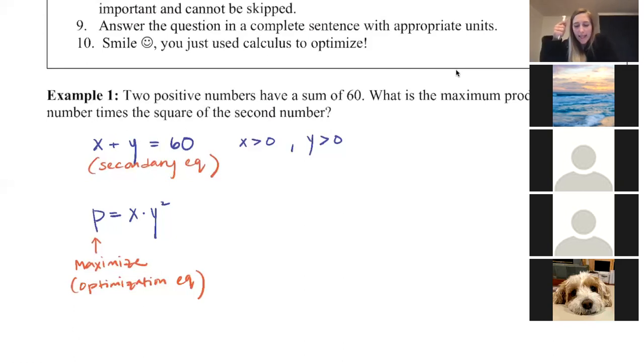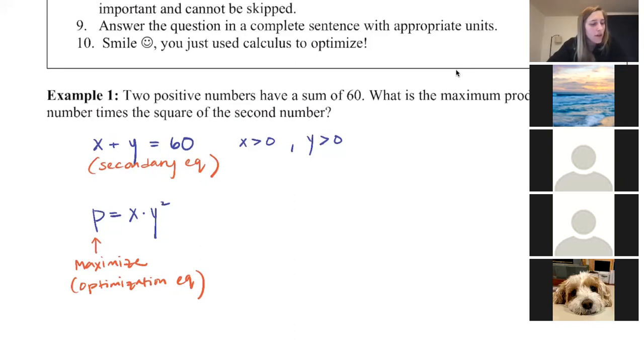And we need the secondary equation here because, well, if we wanted to take the derivative of our equation with P in it, we have x's and y's. So we would want to use our secondary equation to rewrite P in terms of a single variable.